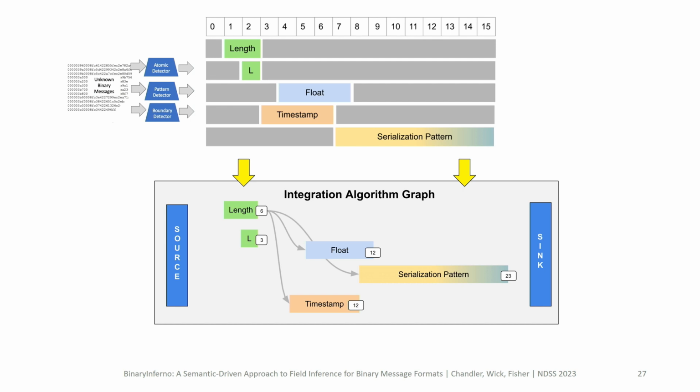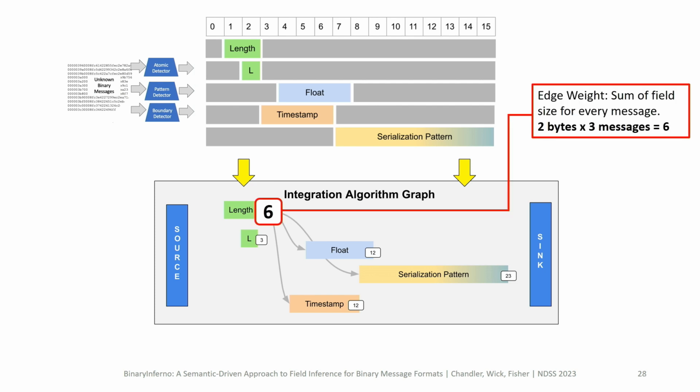We then create edges between any pair of fields that could be read sequentially, basically as long as they're not overlapping in any way, because that's a sequential read. And we weight these edges by the amount of data each field describes. So in this case, this length field of 2 bytes has a weight of 6 because there are 3 messages. So if we read this length field, we're going to read 6 bytes of the description.